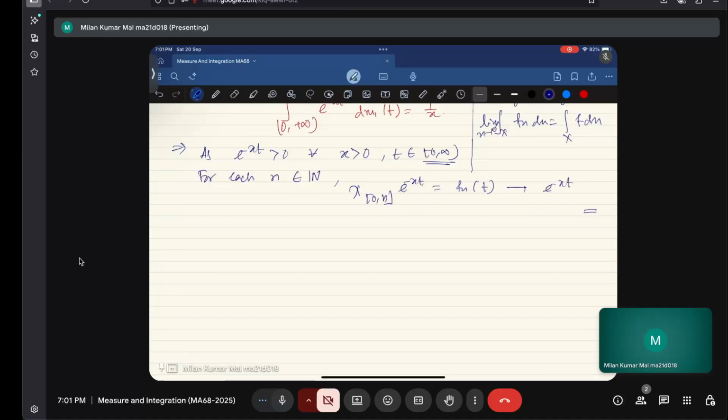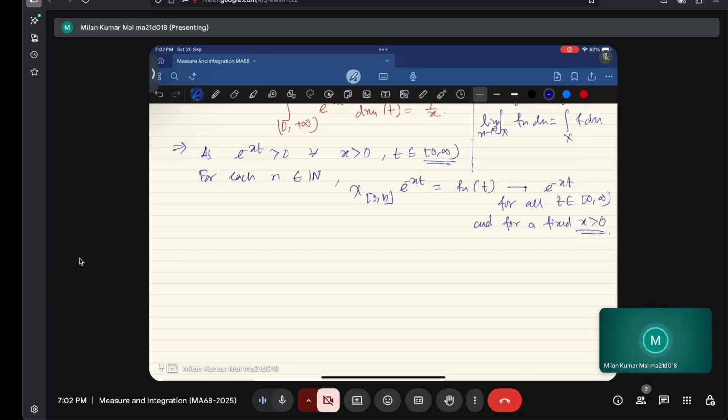So one can write, for all t belongs to the closed interval 0 to infinity, and for a fixed x greater than 0. So therefore we can use the monotone convergence theorem.